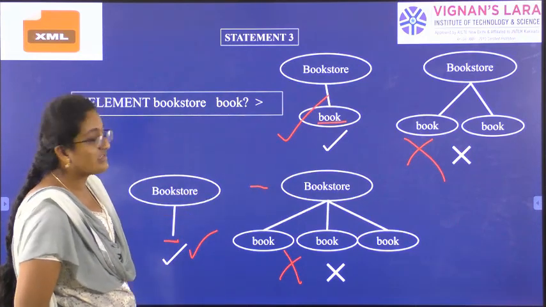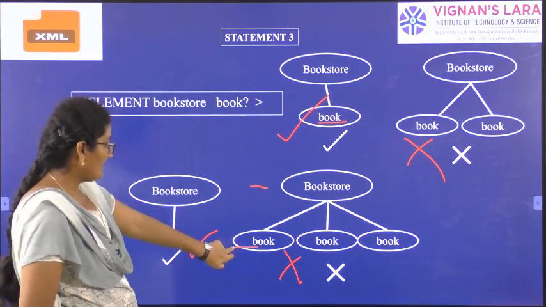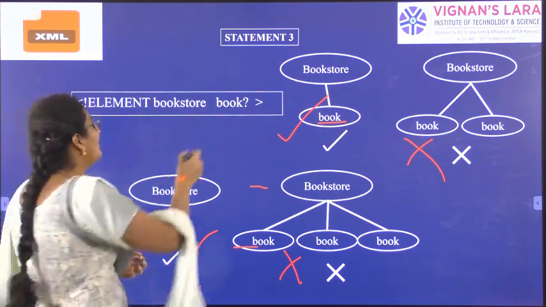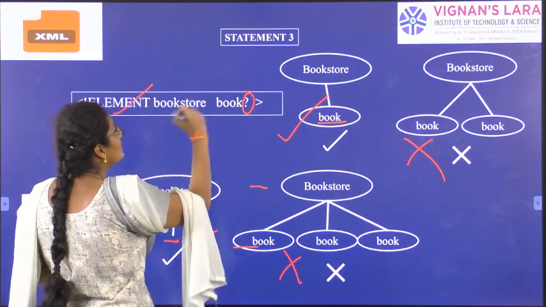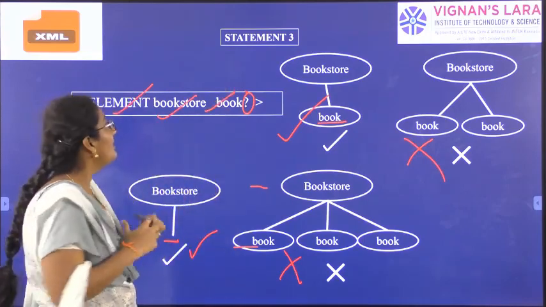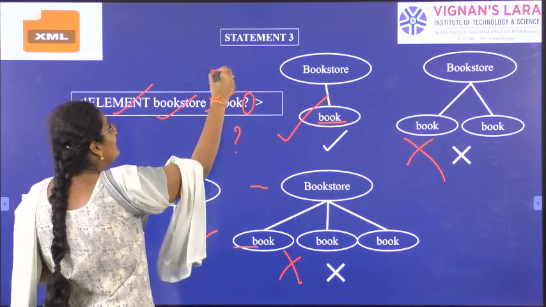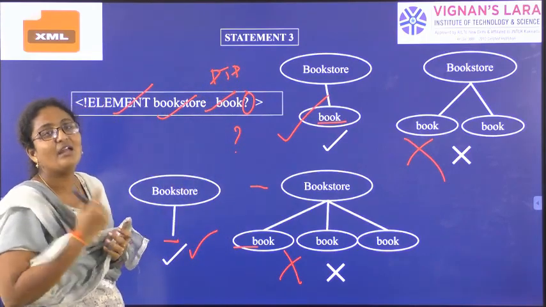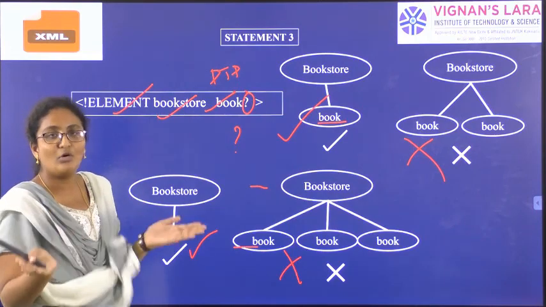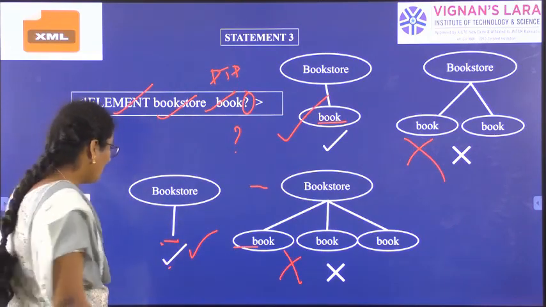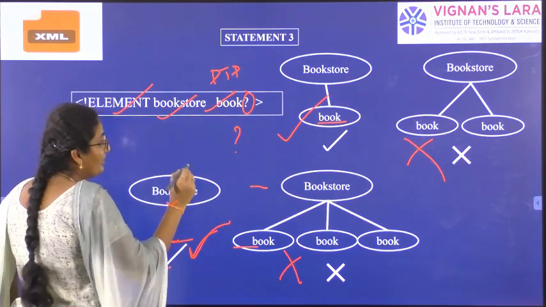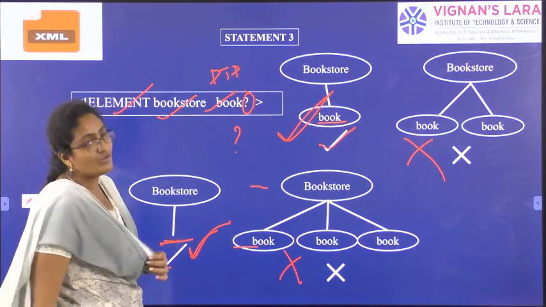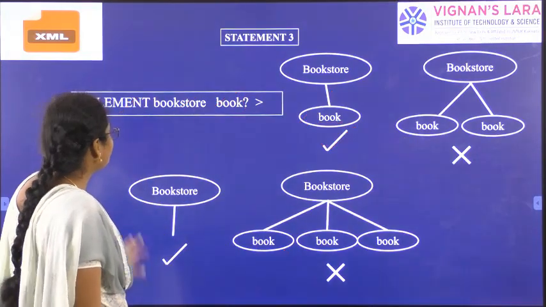Bookstore is the root element and book is the sub-element of the root. The syntax element, bookstore, book is correct with the question mark symbol in DTD. If necessary, the element can appear once. If not necessary, we can leave it empty. Leaving it empty is good. Appearing once is also good. But appearing more than once is not correct in the case of question mark.